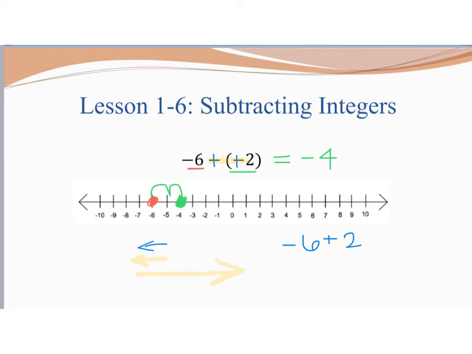And from our 1-5 video where we were adding integers, we could say that I'm adding 2 different signs here. And if I look at the numerical values, the 6 is going to be bigger than the 2. So that tells me that my final answer is going to be negative. And then I'm just going to subtract the 2 numerical values, and I end up with 4. And now I end up with a -4, just like we found up here with this example. We'll do more practice here in a second.